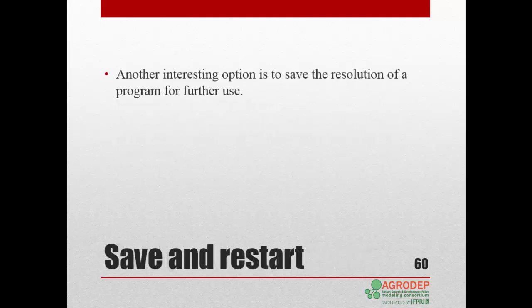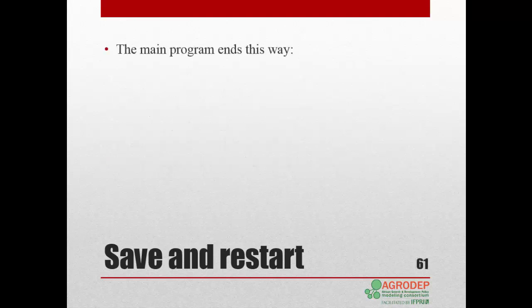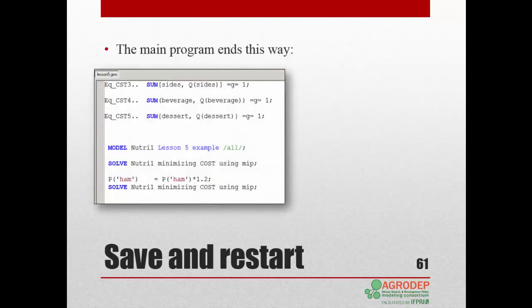Another way of running multiple files pertaining to the same program is by using the Save and Restart option. Again, while this may not be relevant in small models, it can be very useful in larger models. To illustrate, we use the example of Lesson 5. If you recall, the main program ended this way: the definition of the model and the solve statements.